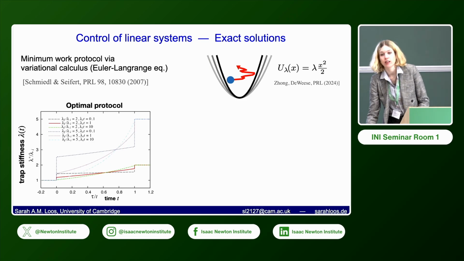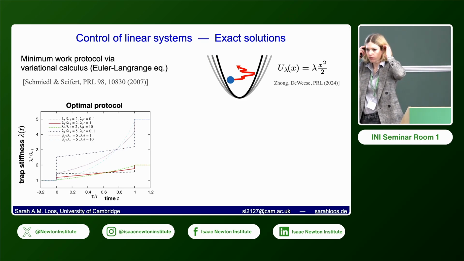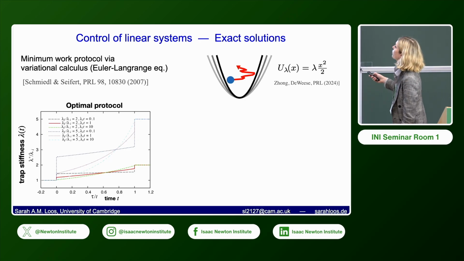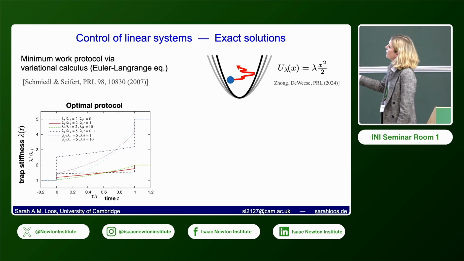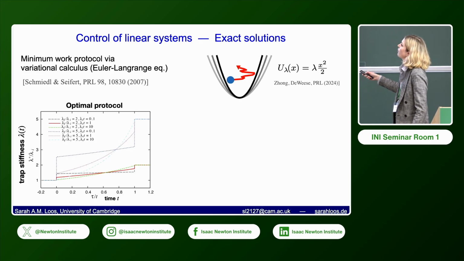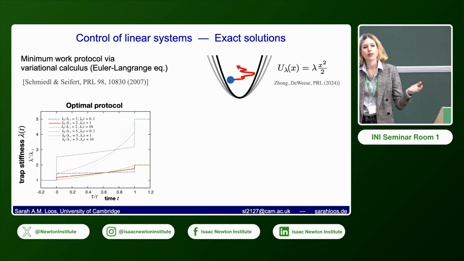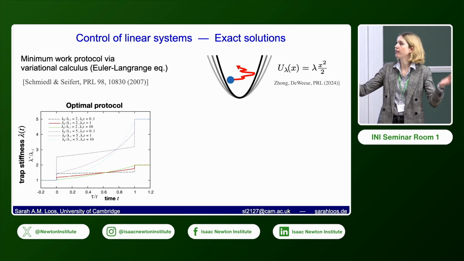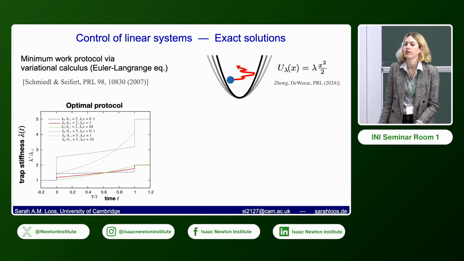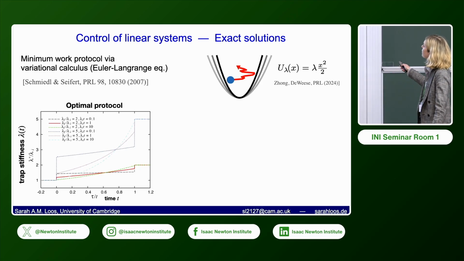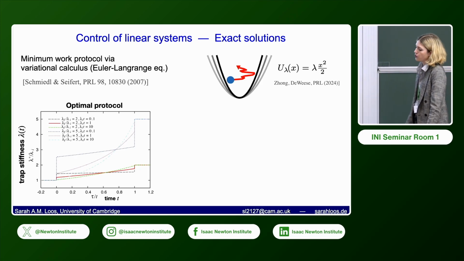Okay, if we have purely linear processes, we can solve such optimal control problems. So for example, in this paper here, they have introduced a problem where you have a particle in a trap, and you want to tighten the trap or you want to loosen the trap in a given time. And you ask, what's the optimal protocol to do this?